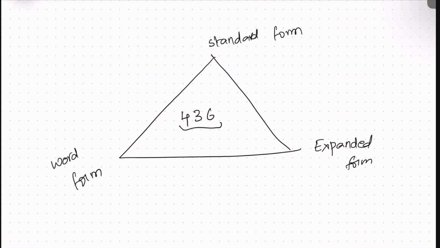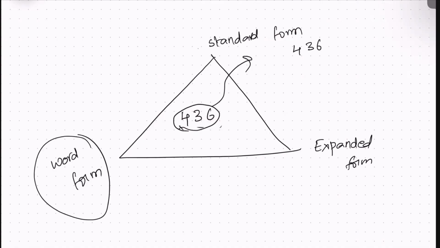Standard form is the regular way you write numbers. The 436 itself is in the standard form. So I just write: standard form is 436. So there are three different forms: standard form, word form, and expanded form.